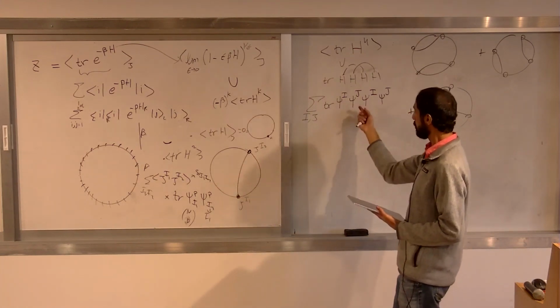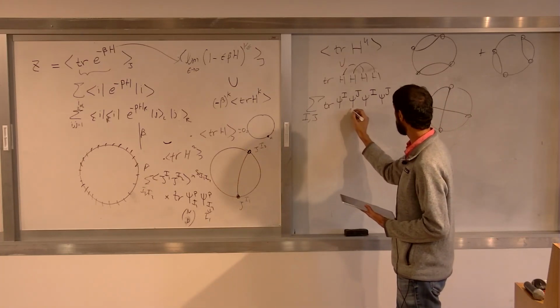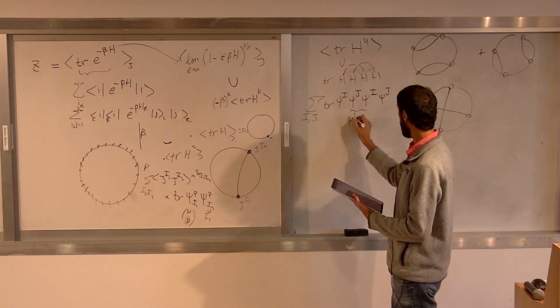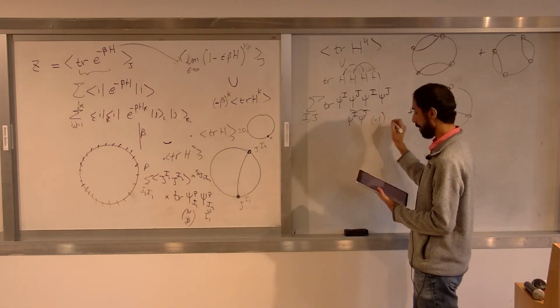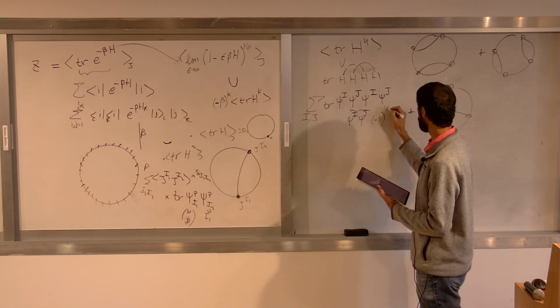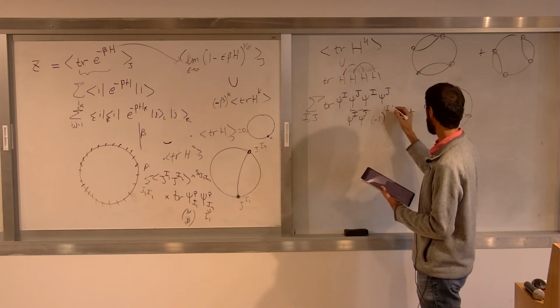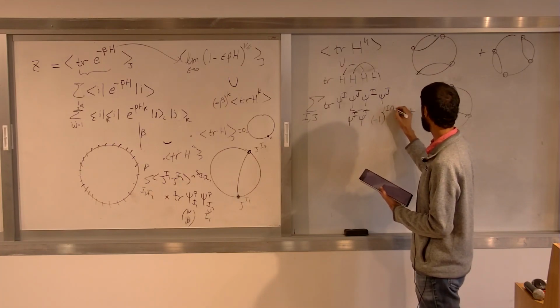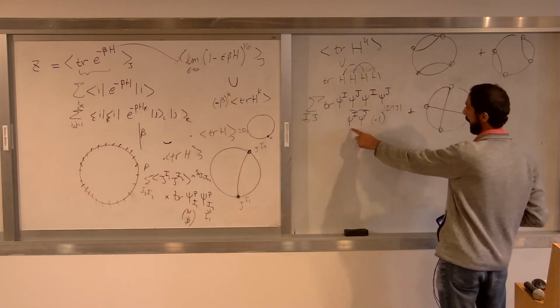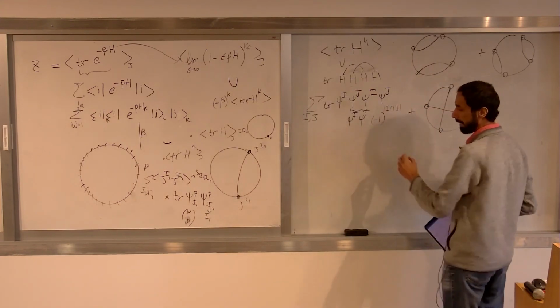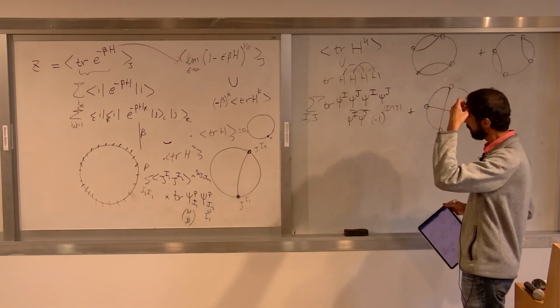If you take this through, what you get is, well, this thing is going to be psi I, psi j times minus 1 to the power of the number of intersections between the fermions. Okay? So each of these guys has p of the n fermions.